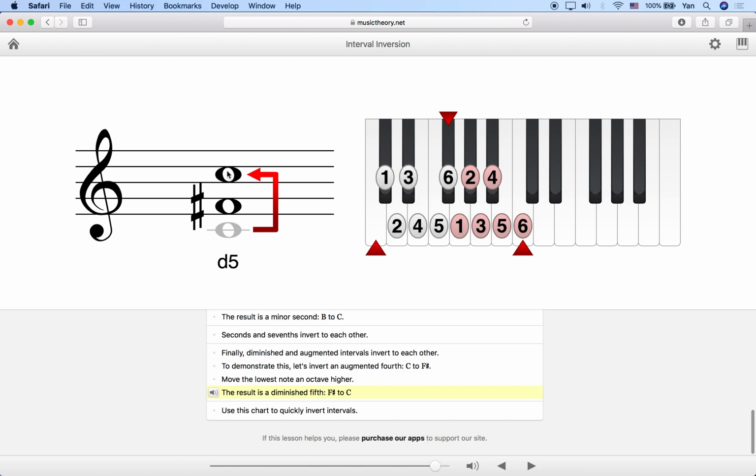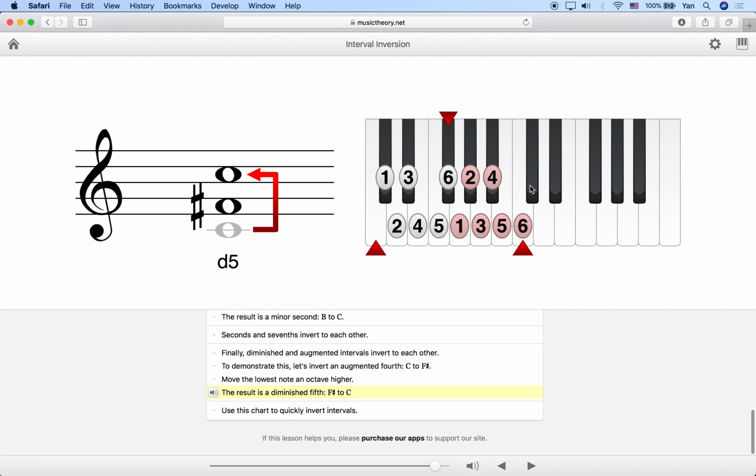We've gone up 5 lines and spaces. In the previous example, we went from one letter, second, third, and fourth. So it's very important to note that because of the way it's written on the staff, this is a diminished fifth and not an augmented fourth in this case.